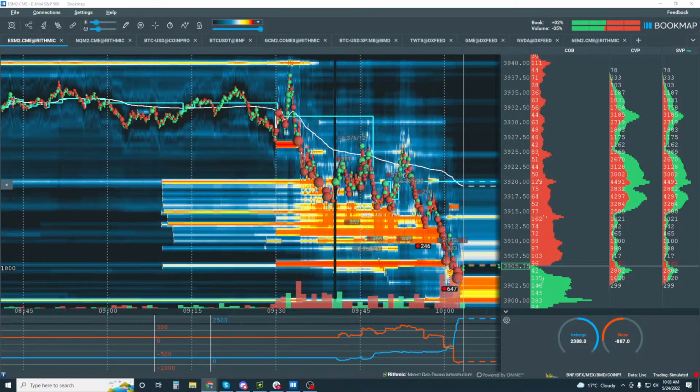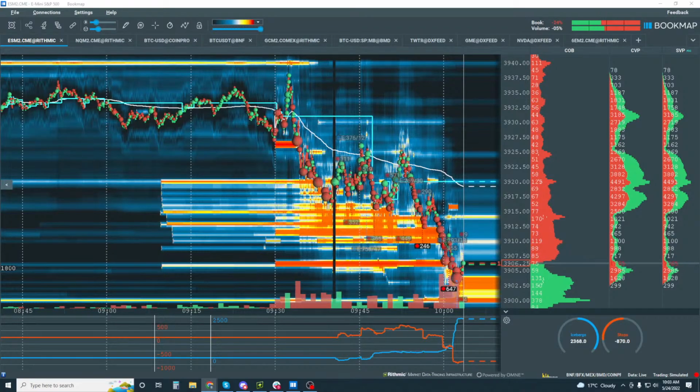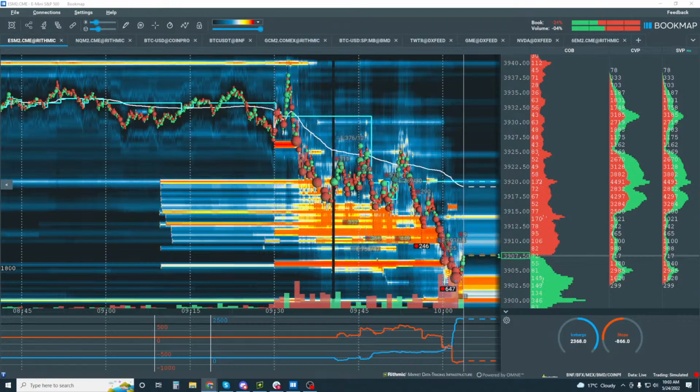Now we saw this kind of activity last Friday. Very notable as the market continued to go down, and then due to that activity we were looking for a move back up later in the day, later in the session. Price did continue to go down, but it did happen.